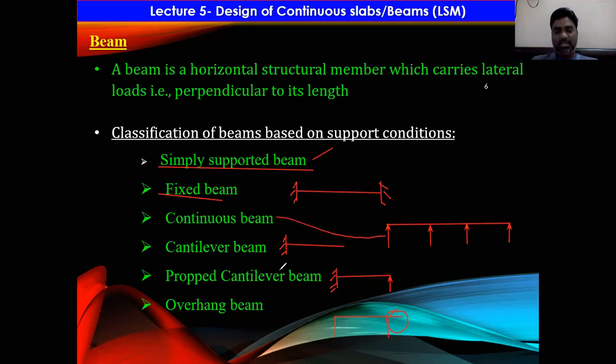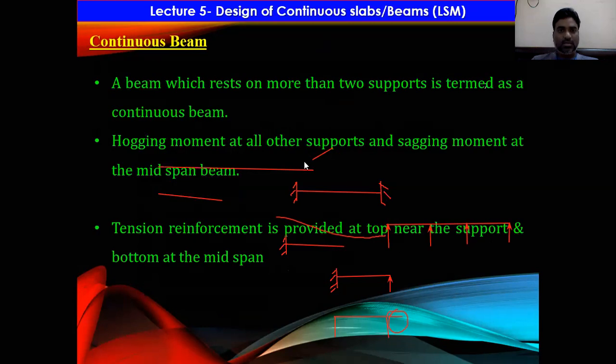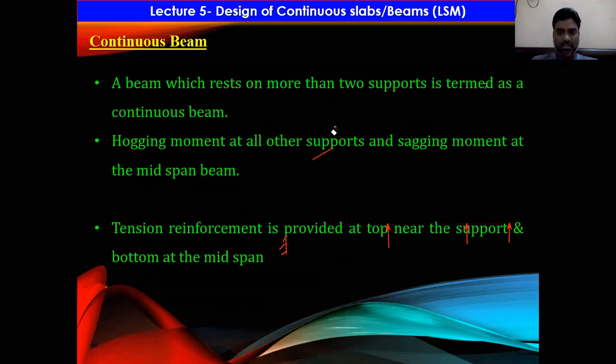This is called a continuous beam. The continuous beam which rests on more than two supports is termed a continuous beam, right?